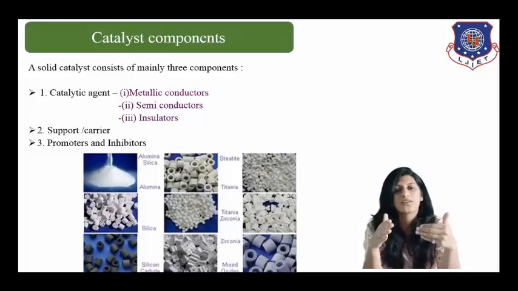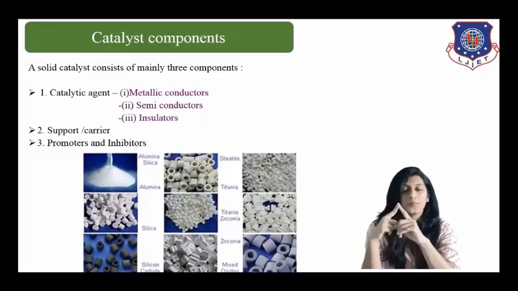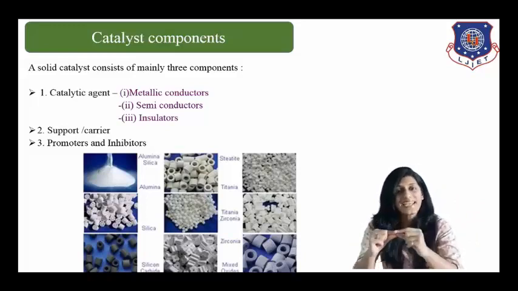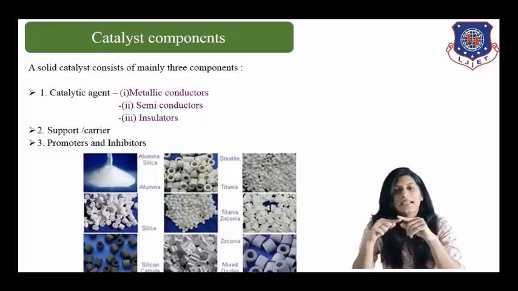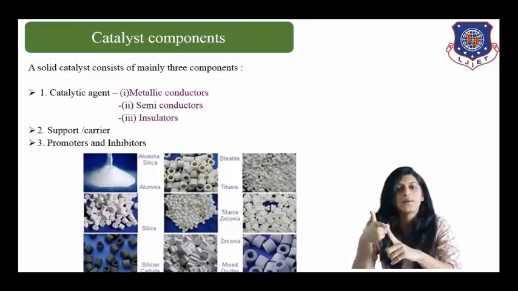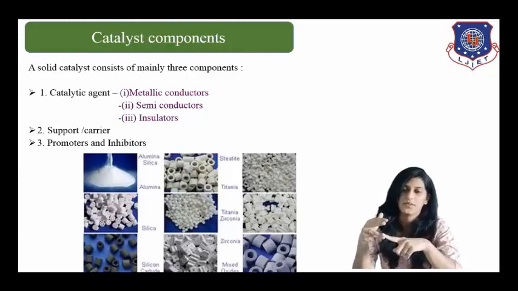Due to that only, the reaction is taking place. So the first and foremost important component of any catalyst is the catalytic agent. Catalytic agents are again categorized into different categories: metallic conductors, semiconductors or insulators. Right?